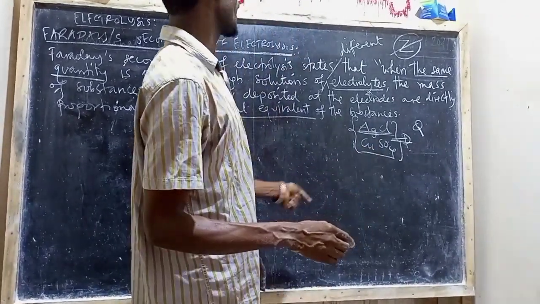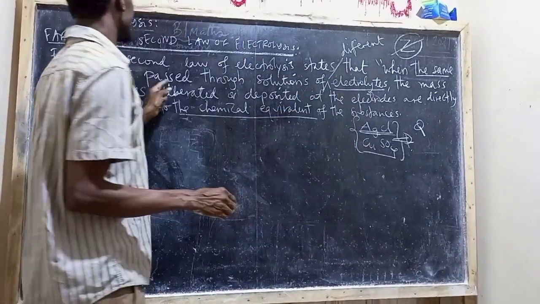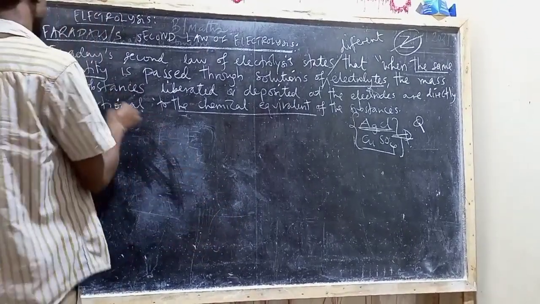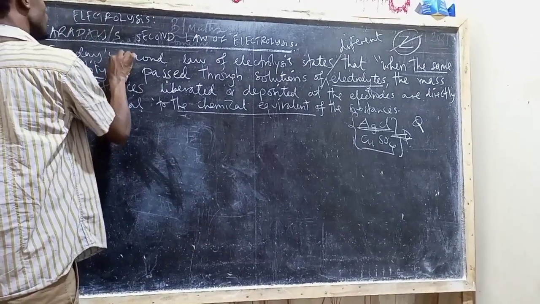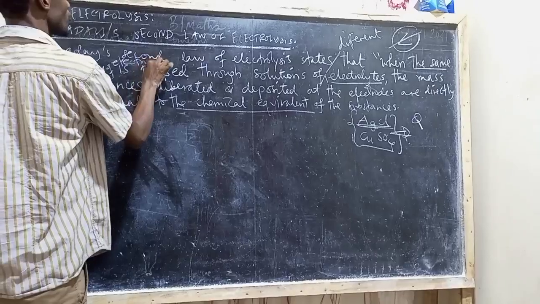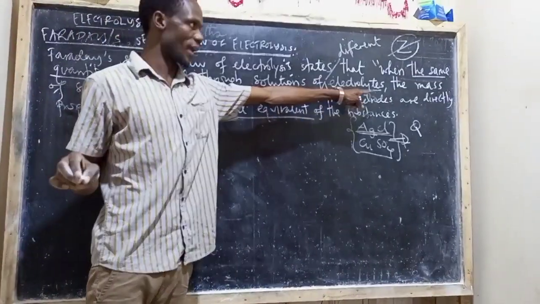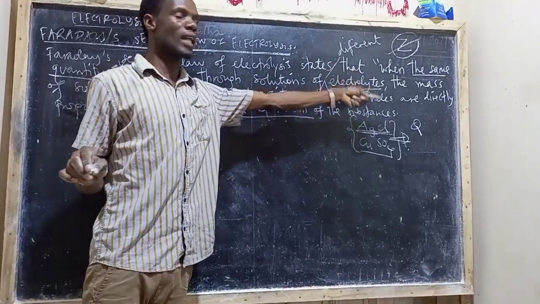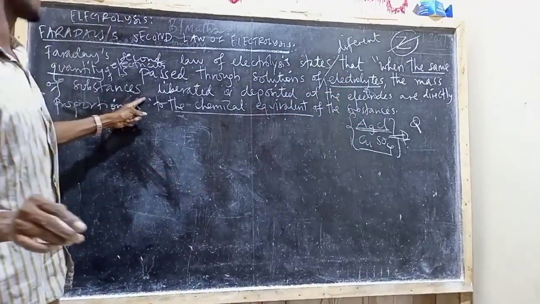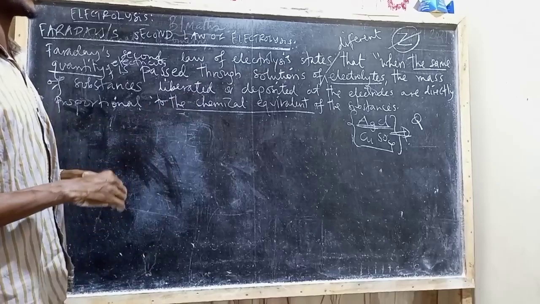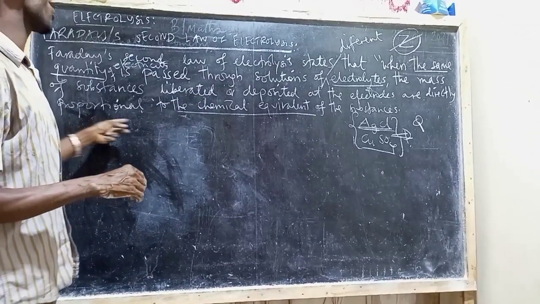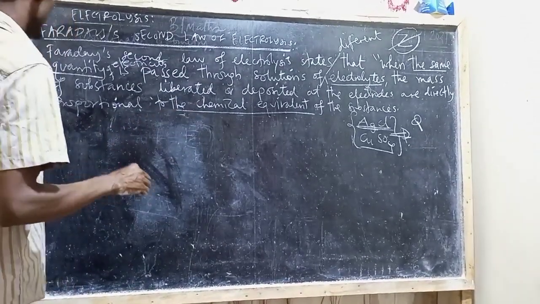Now, that is, we say, when the same quantity of electricity is passed through the solution of different electrolytes, the mass of the substance liberated or deposited at the electrodes is directly proportional to the chemical equivalent.